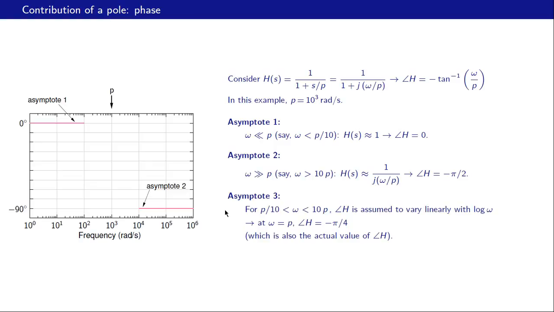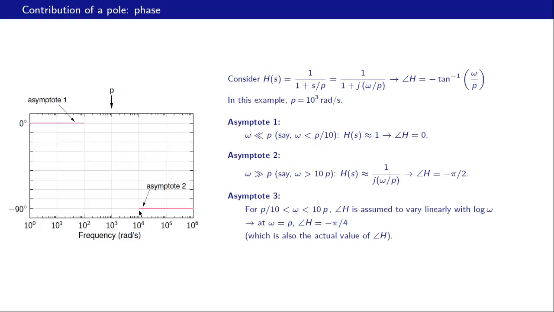Let us now look at the third asymptote, which corresponds to p by 10 less than omega less than 10p. This is our p by 10. This is 10 times p, so we are talking about this region here. Now in this region we assume that the angle of h varies linearly with log omega. That means we have a straight line connecting these 2 points, and that is our third asymptote.